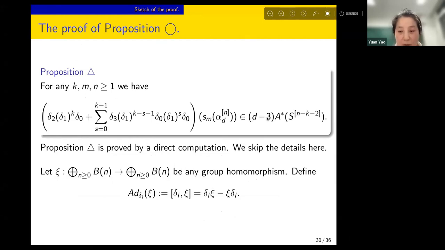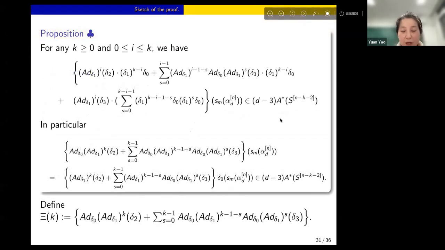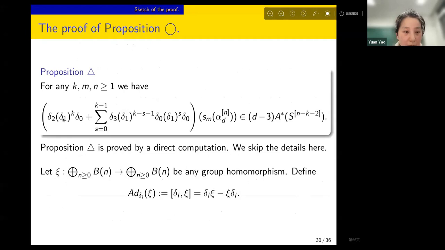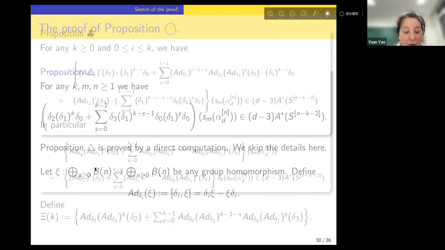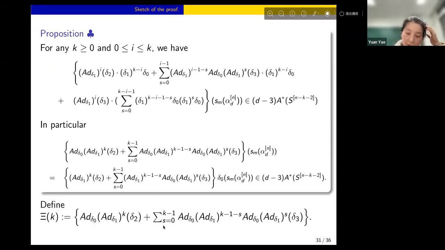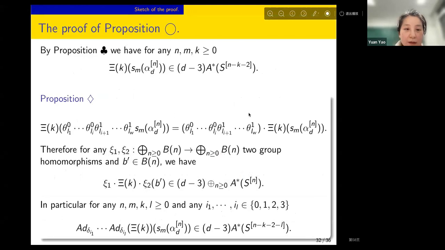It belongs to D minus 3 times this Chow ring. You have to use the induction again and again. So now we get to this operator. We have replaced all these things with the commutator. Here we just multiply this operator, and once we do this commutator, we still have the same statement. It still belongs to D minus 3 times this Chow ring.